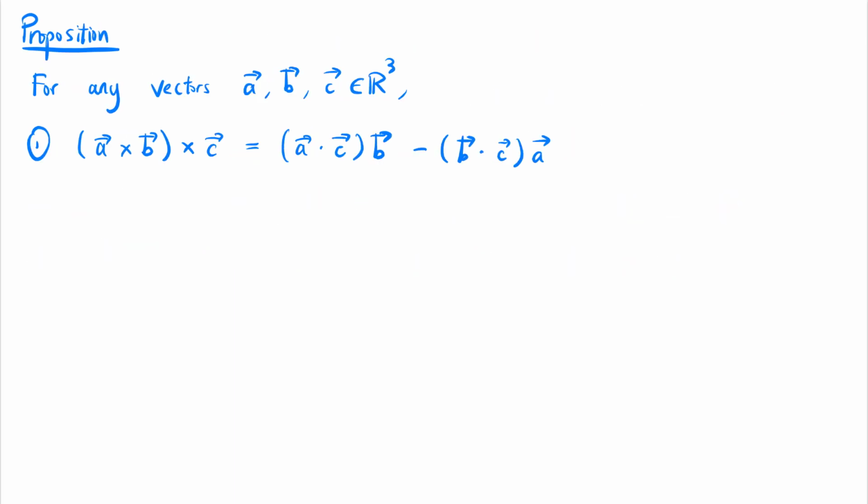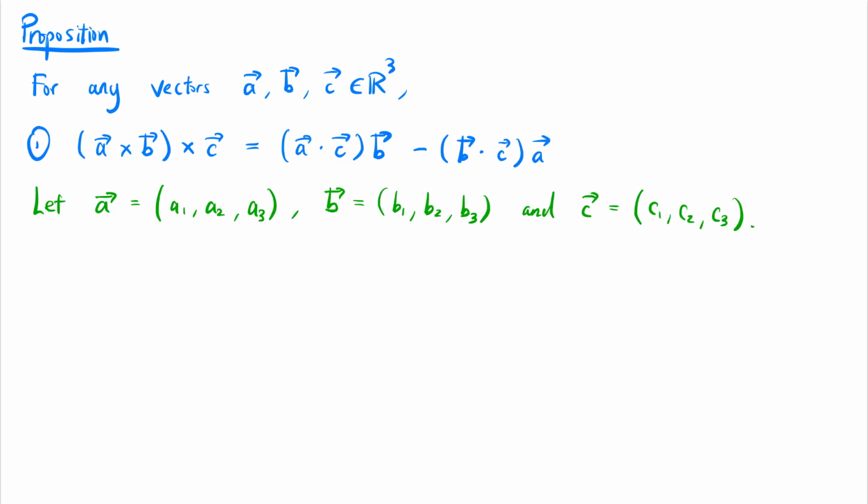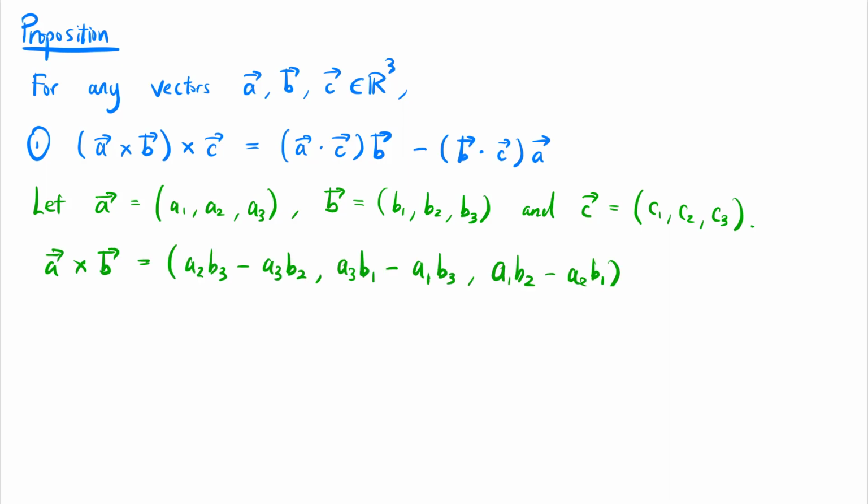For any vectors A, B, and C in R3, (A cross B) cross C equals (A dot C) times B minus (B dot C) times A. We let A equal (A1, A2, A3), B equal (B1, B2, B3), and C equal (C1, C2, C3). A cross B equals the vector (A2B3 minus A3B2, A3B1 minus A1B3, A1B2 minus A2B1).